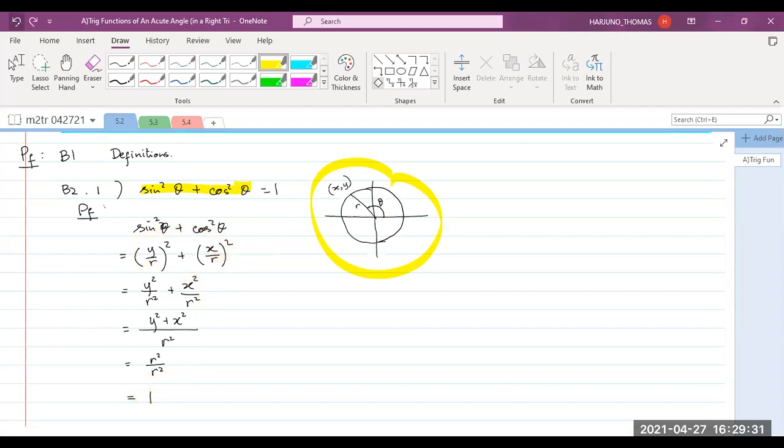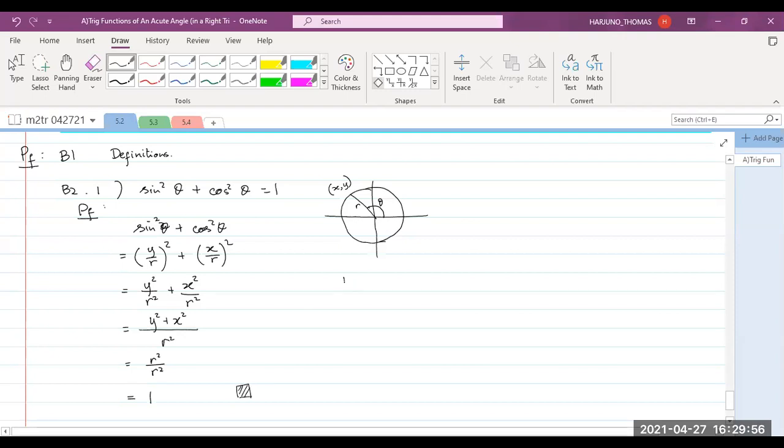Okay, now this is the first Pythagorean identity that you have to memorize. Do you need to memorize the proof? No, you don't need to memorize the proof. Okay, it would be nice if you can understand the proof. Okay, how we get that sine squared theta plus cosine squared theta equals to 1. But you need to know that formula.